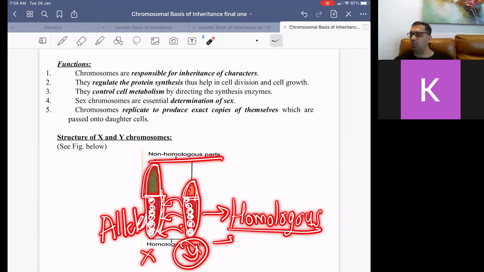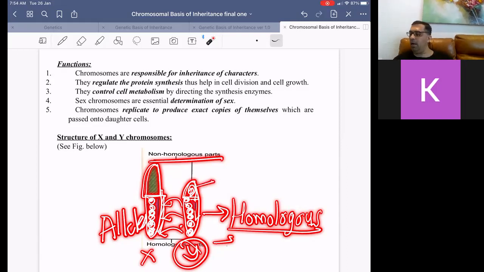Non-homologous part has on it genes for somatic body characteristic. तो Y क्रोमोसोम के नॉन होमोलोगस पार्ट पे जीन्स फॉर बॉडी कैरेक्टर. Homologous part had sex character. Non-homologous part has body character.